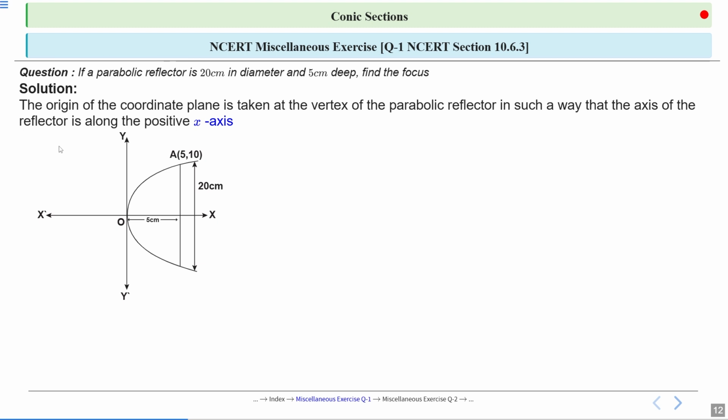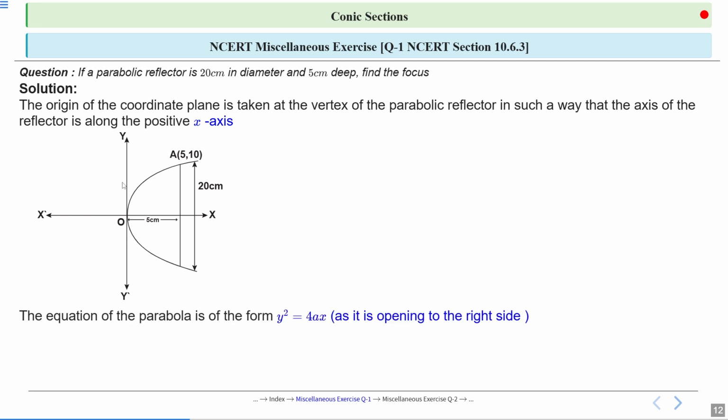So this is the diagrammatical representation of the parabolic reflector. The equation of the parabola is of the form y square is equal to 4ax. Why? Because the parabolic reflector is opening to the right side. This is why the equation of the parabola is of the form y square is equal to 4ax.